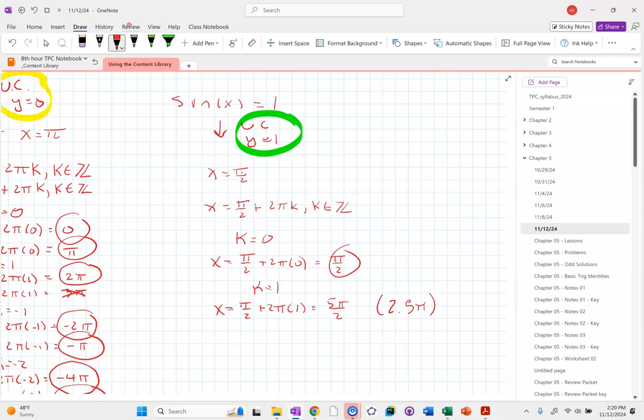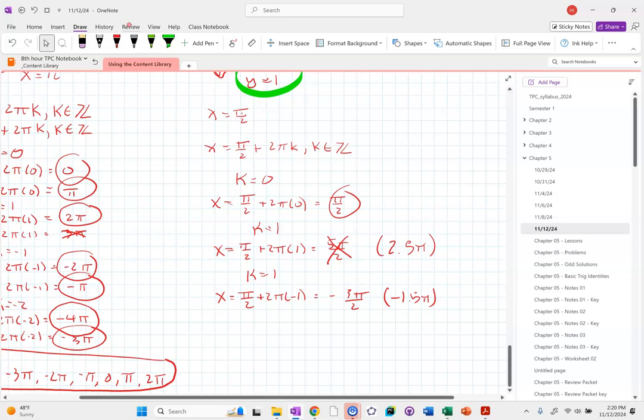Guess what that is? It's too big, right? We're going from -4 pi to 2 pi. So we're done going up on k's. Let's go down now. So we'll do -1 for k. Again, make my common denominator. That's -1.5 pi. That's good. That one works.